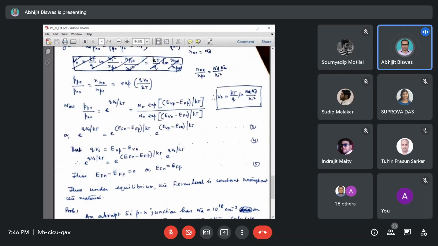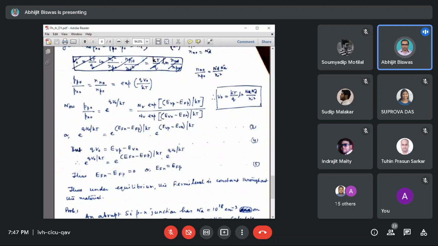KT by Q, I already told you, if T equals 300 degrees Kelvin, comes to about 26 millivolt. And then ln NaNd by Ni squared. You know the value of Ni for silicon at room temperature, that is 1.5 times 10 to the power 10 per cc. All other quantities will be given.